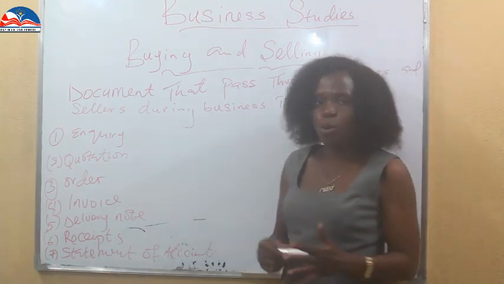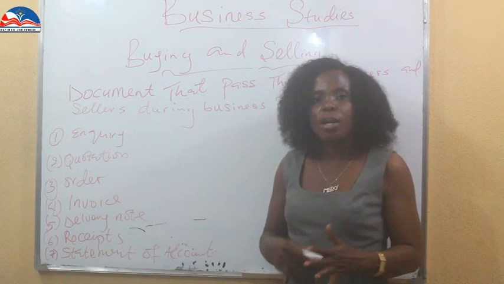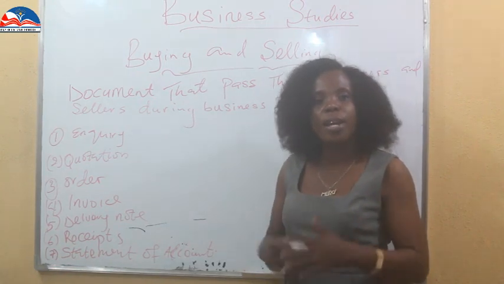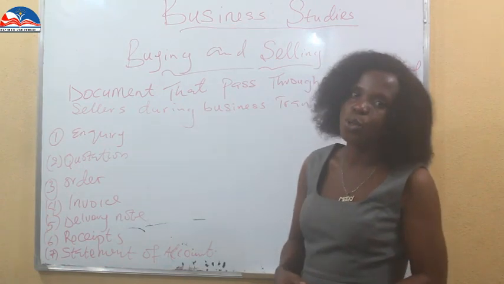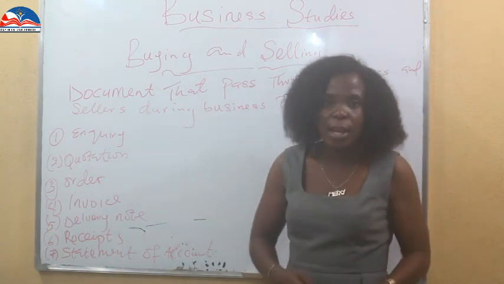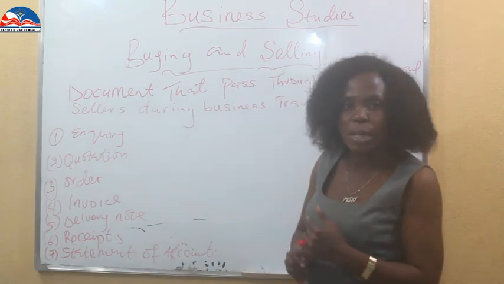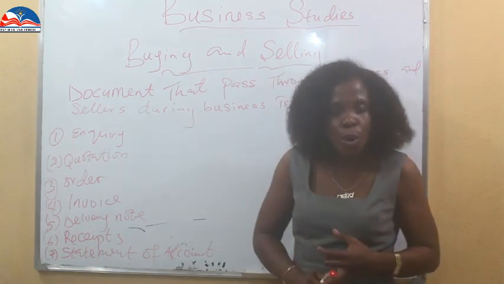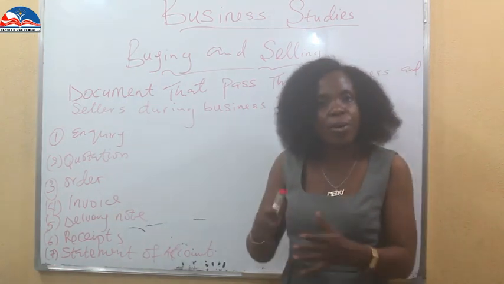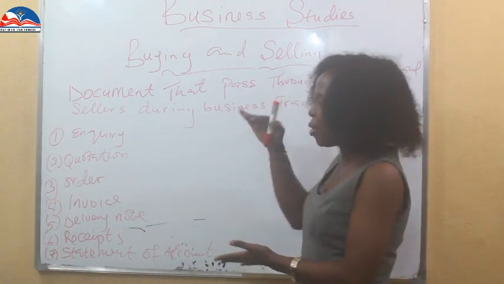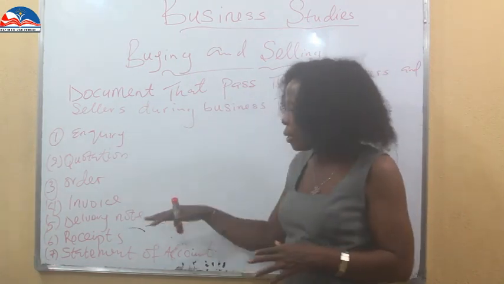Then the delivery note follows the invoice because it's a note notifying your buyer that we have sent these goods to you on a set date. And it is the purpose of documentation to know when the goods were sent, at what time, who received the goods, how the payment was made, whether in credit or in cash. These are the documents that are used during buying and selling transactions.